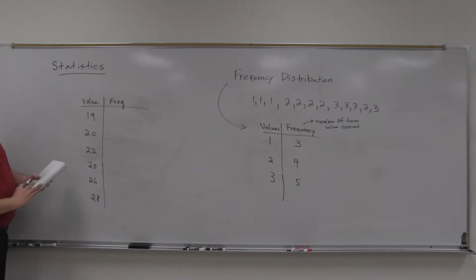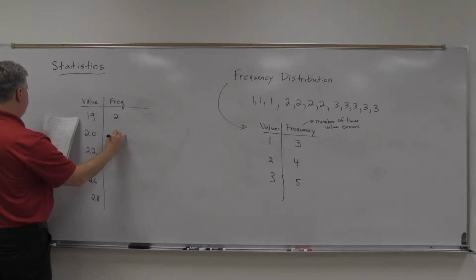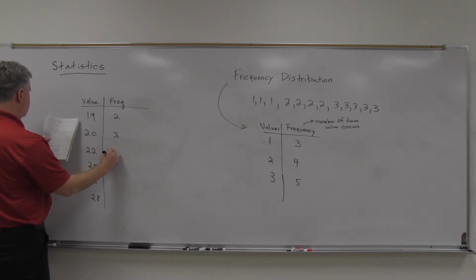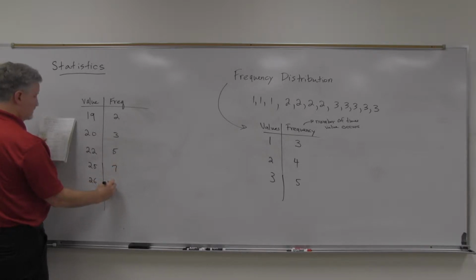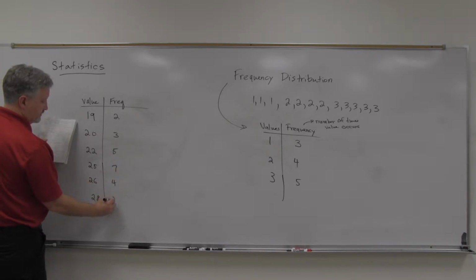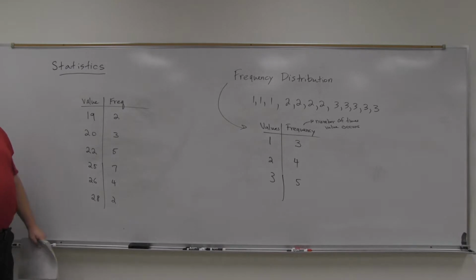And then the frequencies: I've got 2 of the 19s, 3 of the 20s, 5 of the 22s, 7 of the 25s, 4 of the 26s, and 2 of the 28s. Okay.